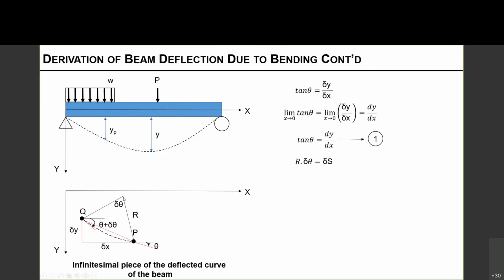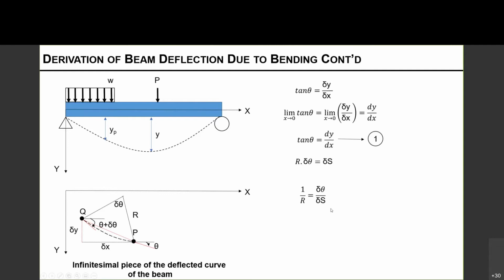So therefore, r delta theta equals the PQ length, or let's say this is delta S. The PQ length or delta S length is the same thing, but in different notations to make sure that we are understanding the calculus here, right? So now I'm trying to rearrange because I need the delta theta over delta S term. So I have 1 over r equals delta theta over delta S.